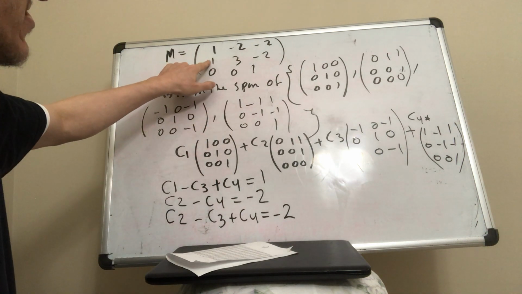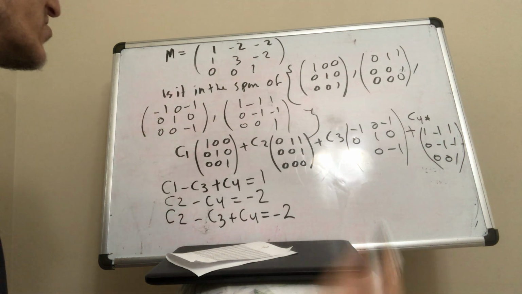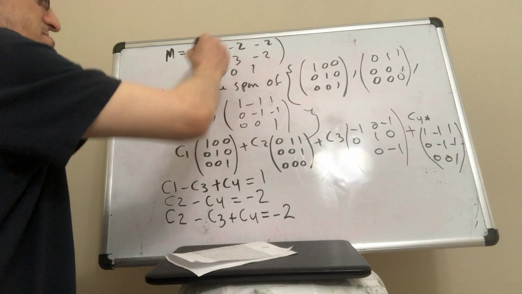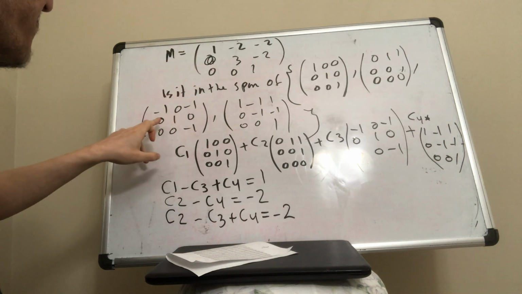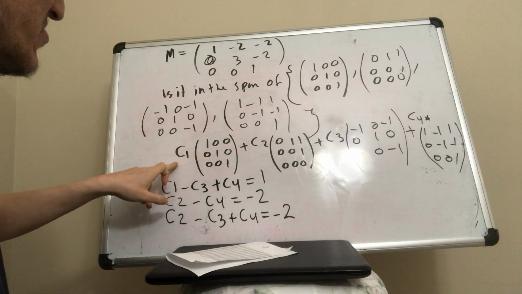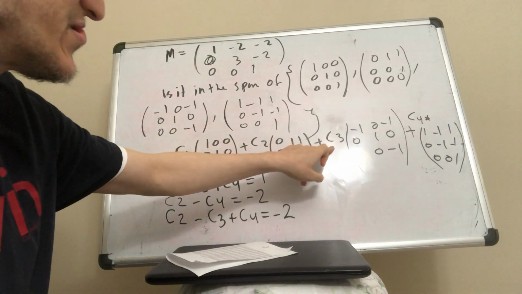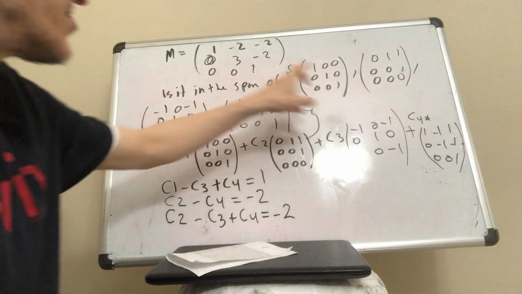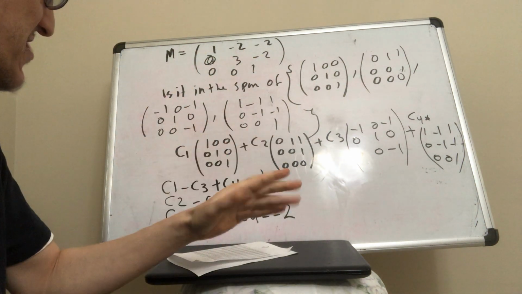So let's look at this number. I think it was 0. Yeah, this number in the matrix was 0. So 0C1, 0C2, 0C3, 0C4 equals 0. That's not an equation, so you skip.